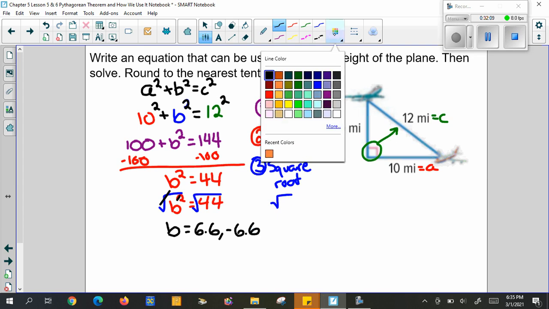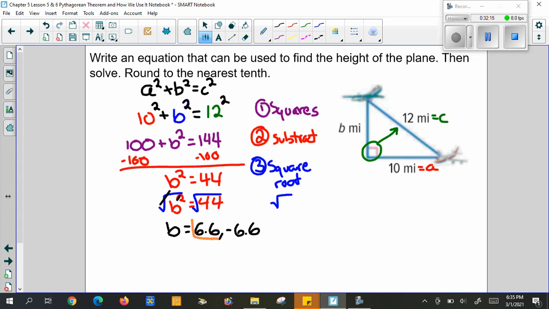And even though square roots come out with a positive and negative answer, we're talking about measurements, so I need the positive. So with the Pythagorean theorem, there are two types of problems: finding the hypotenuse and finding a leg. And whichever one you're doing will determine when you have to add, when you have to subtract.